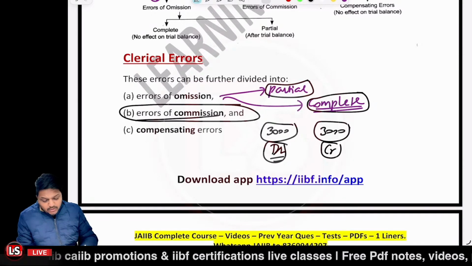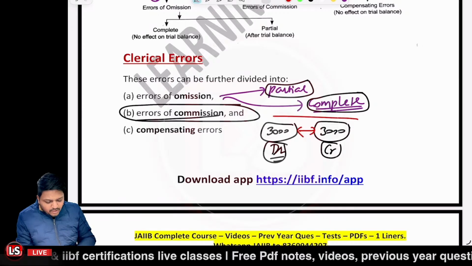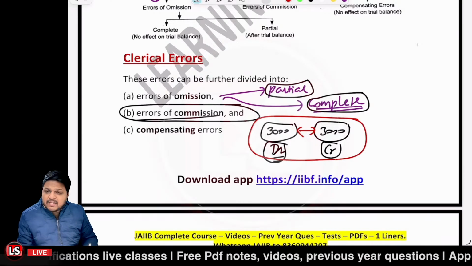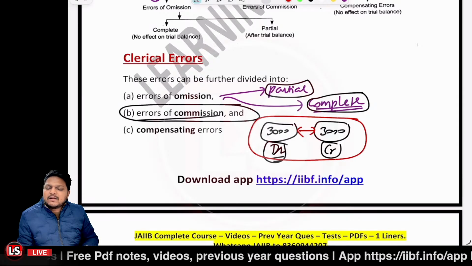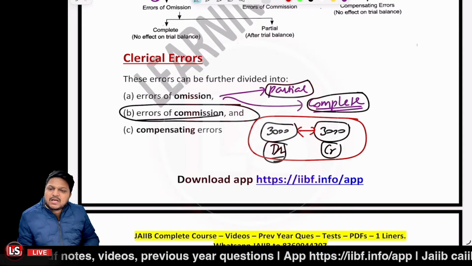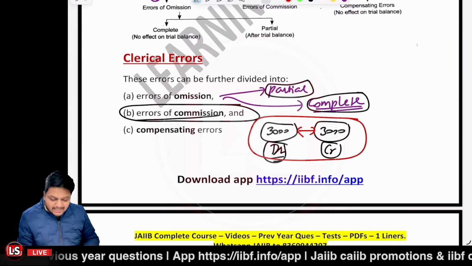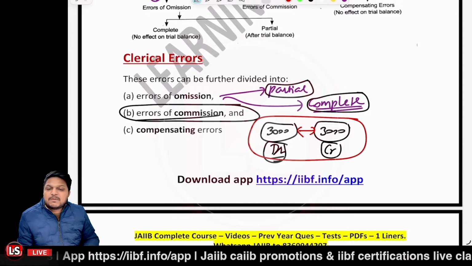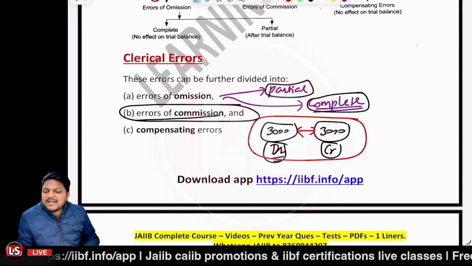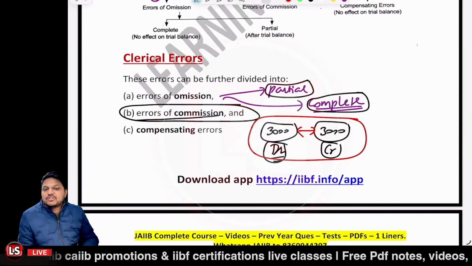In that scenario, one error compensated the other error, and we won't be able to identify it in our trial balance. We'll see everything is good because the balances of the trial balance are matching, they are agreeing with each other. But in depth, we are not able to match the things particularly because one error has compensated the other error, and that particular example we'll be discussing very shortly.